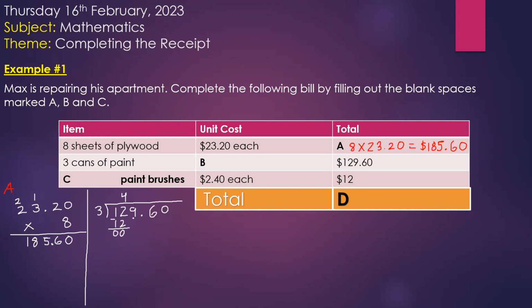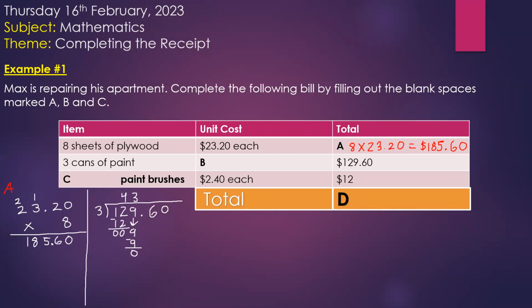Then we bring down the 9. How many times does 3 go into 9? 3 times. 3 times 3 is 9. We subtract. 9 minus 9 is 0.